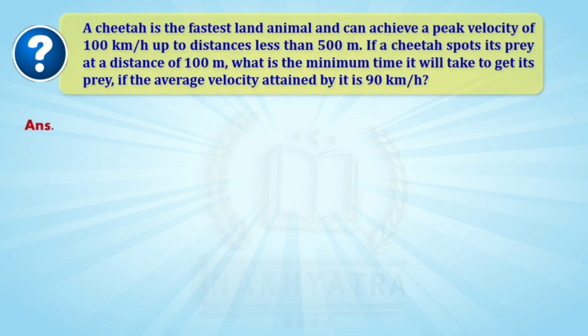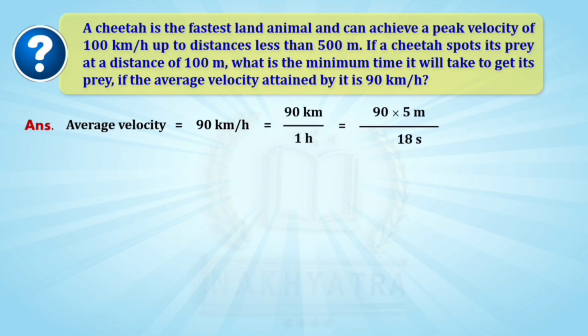Alright. Question seems to be a bit lengthy, but it is not that difficult to solve. So we have to find out the average velocity. It is 90 km per hour. So convert it. We will get 25 meter per second.